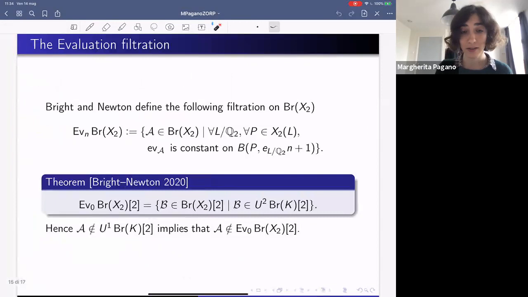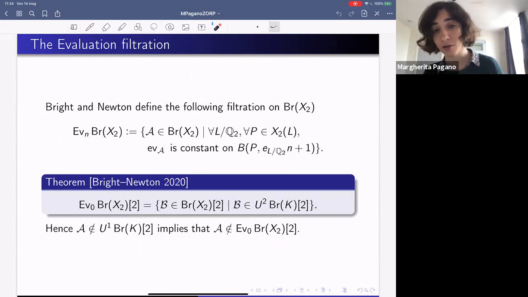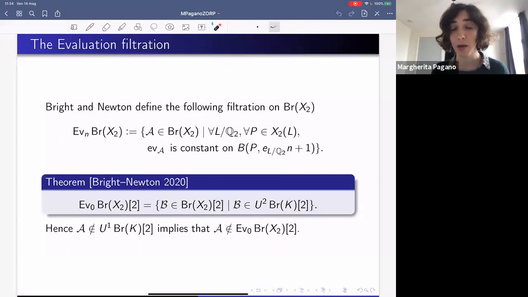But since the filtration is decreasing, it does not lie even in the second piece of the filtration, which means that our quaternion algebra is not an element in the evaluation zero part of the Brauer group of X2. So at least if we look after taking an extension of Q2, we have that the evaluation map is not constant.